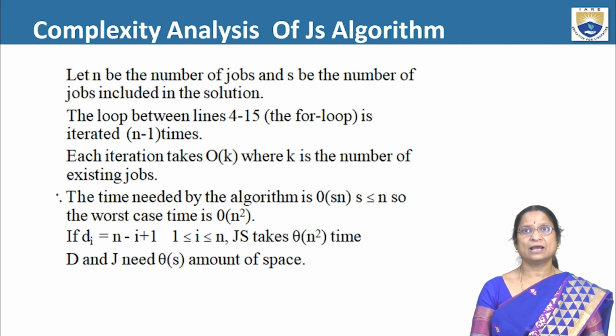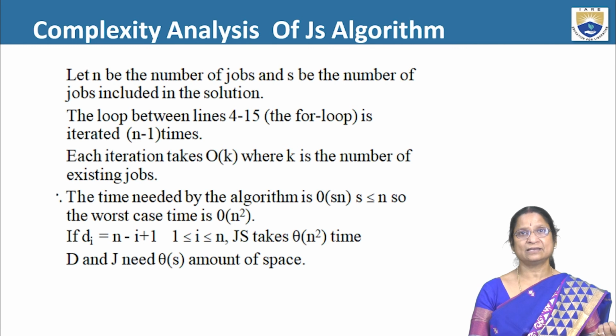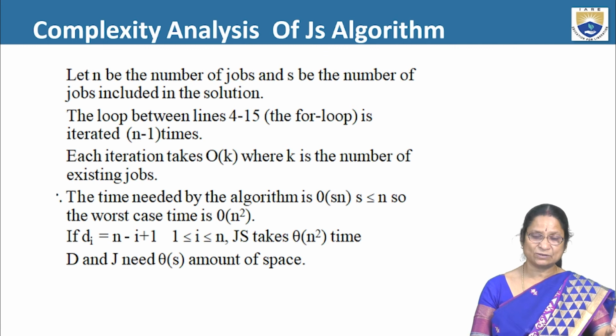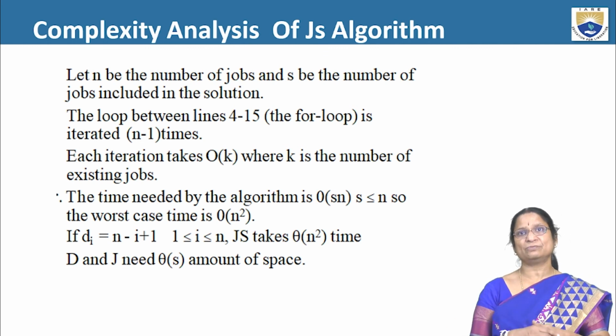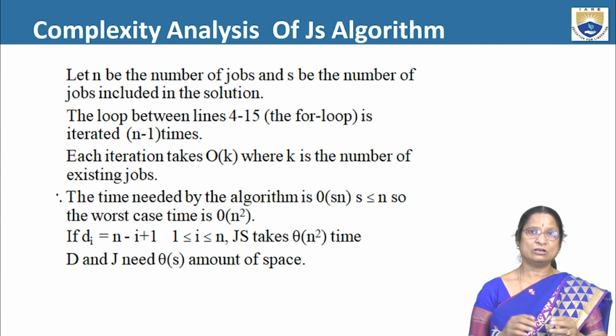So the solution is up to that included. That's why in Sn, S is always less than or equal to n. So the time complexity will be order of n square. The worst case happens only if d_i is equal to n minus i plus 1. That is, let us assume that all jobs are included.